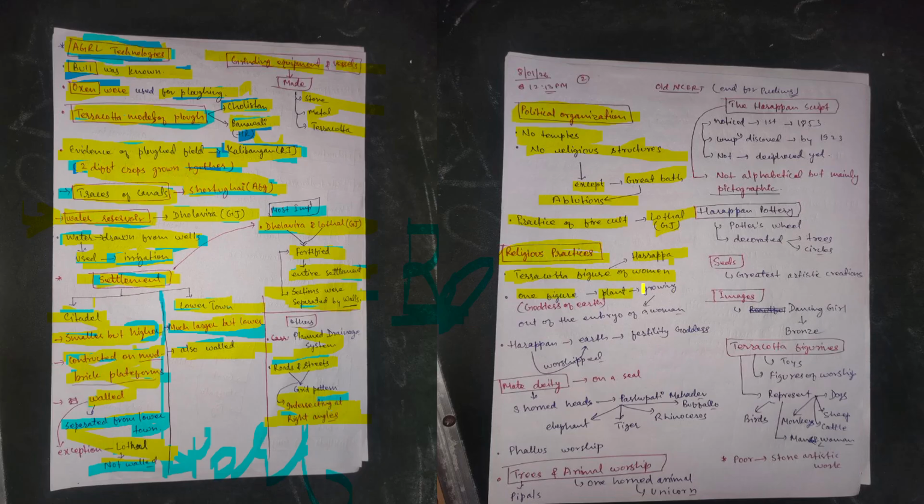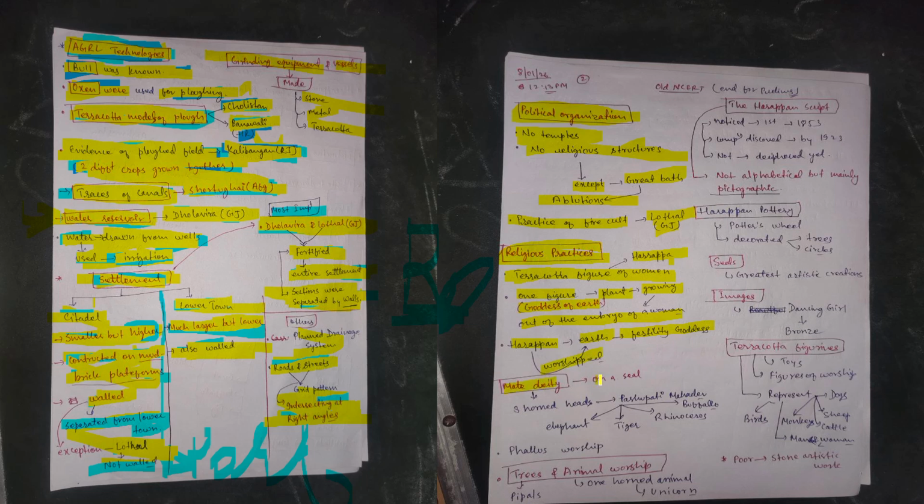One figure shows a plant growing out of the embryo of a woman, a goddess of earth. Harappan people used to worship the fertility goddess. Earth or fertility goddess was worshipped.